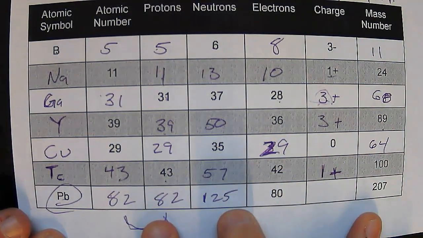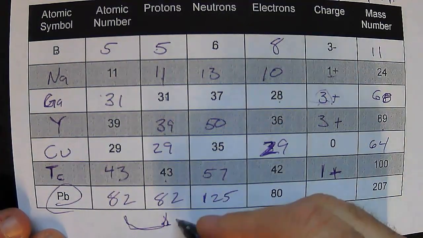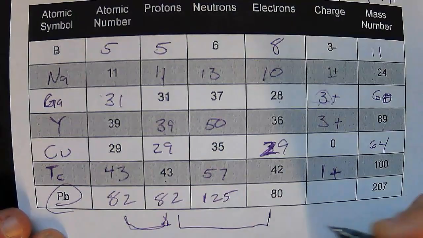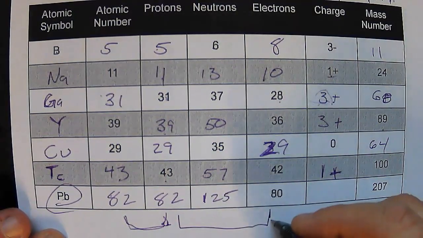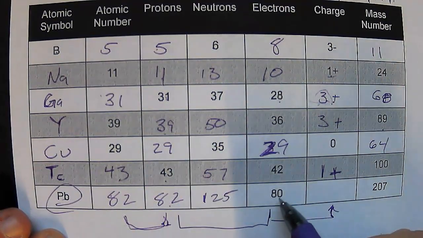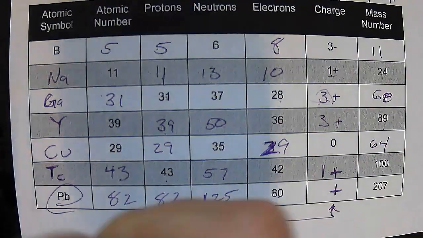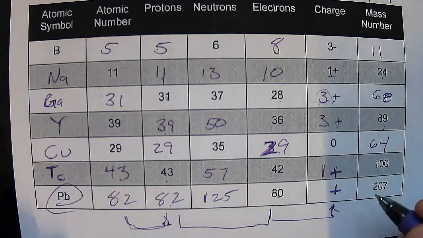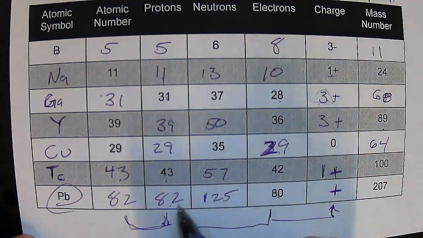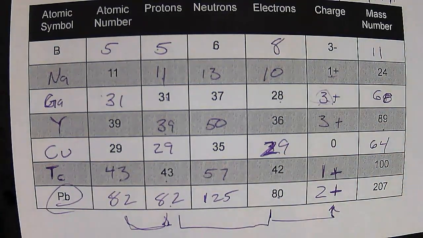Those two add up to 207, 82 and 125. And then we compare these two to get this column. So 82 versus 80. What is there more of? There's more protons, so that's a positive charge. And then how many more are there? There's 2 more, so that's going to be 2 plus.